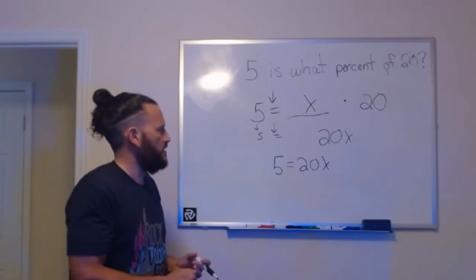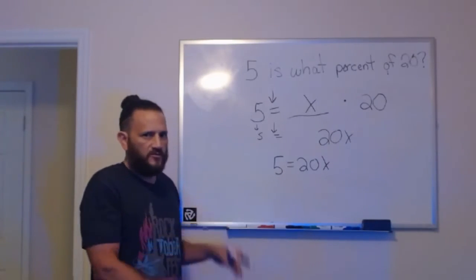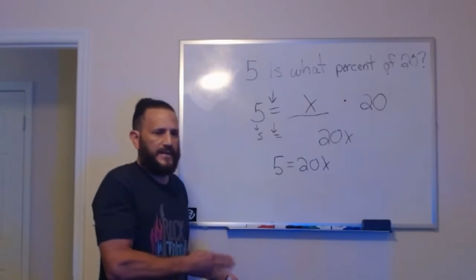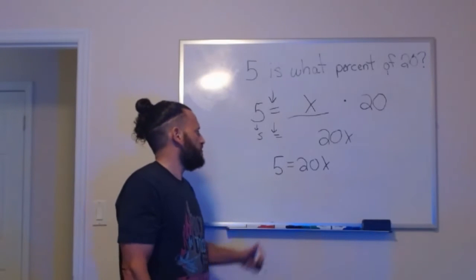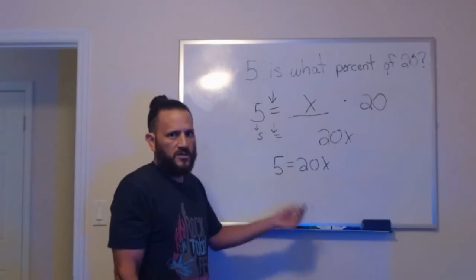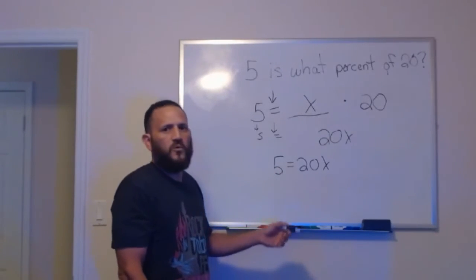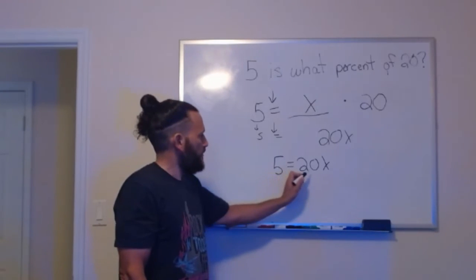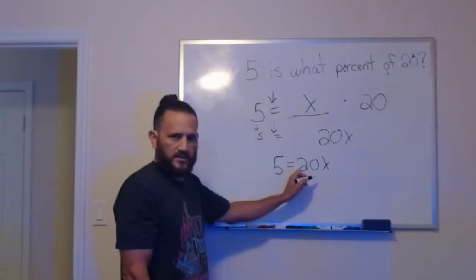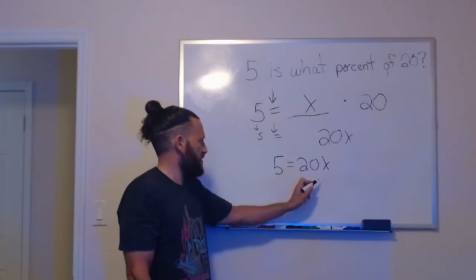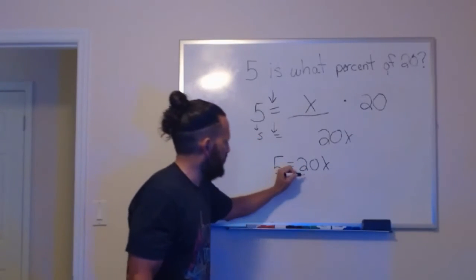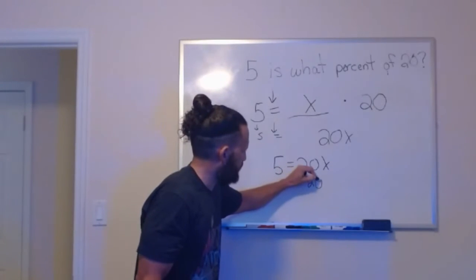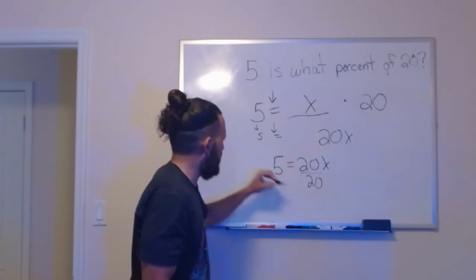There are several ways you can do this, but I'm going to do the straightforward, easy way, okay? So we're going to divide. We're going to do the opposite. So we're going to divide by 20 on each side of the equal sign. So go ahead and put your 20, your division bar, your 20.